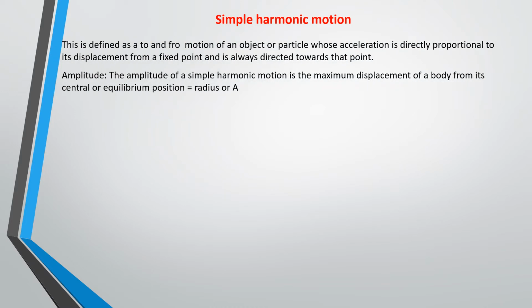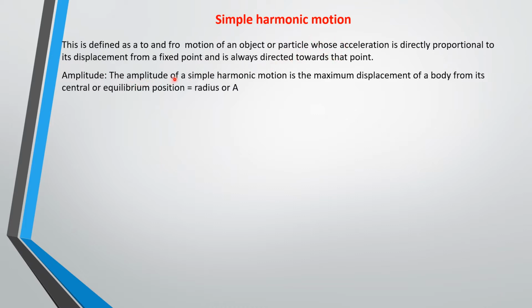So simple harmonic motion, simply put, is a to and fro motion of an object or particle whose acceleration is directly proportional to its displacement from a fixed point and is always directed towards that point. So that is simple harmonic motion. Now, any object that is undergoing simple harmonic motion has what is called amplitude. If you draw the waveform, you will see that the wave will be in form of regular circles.